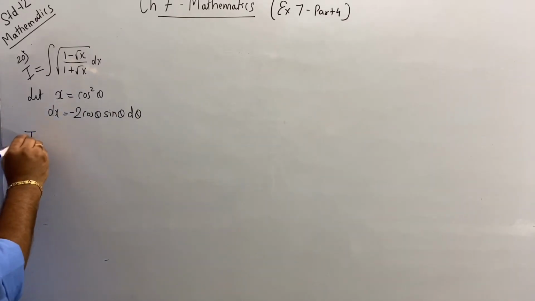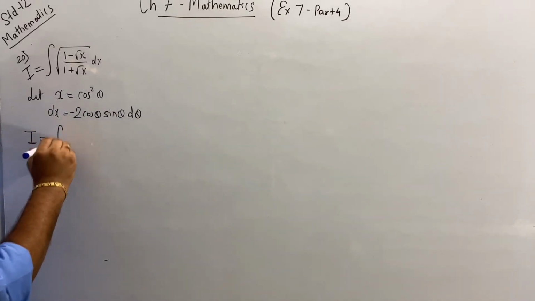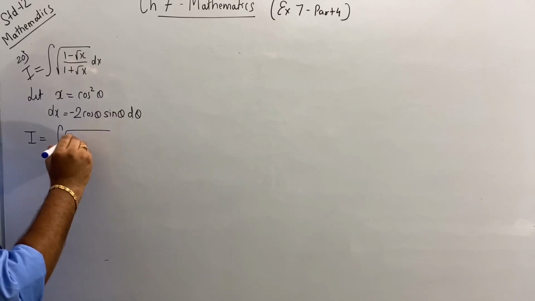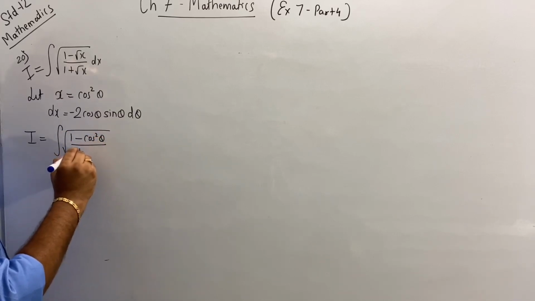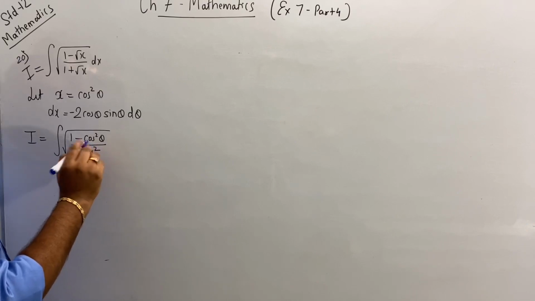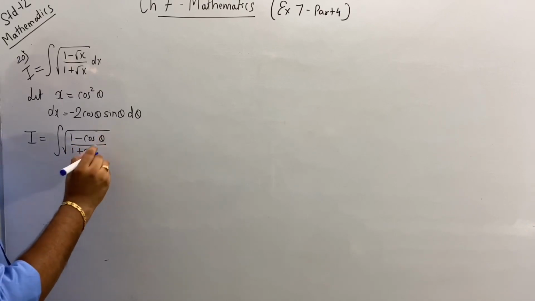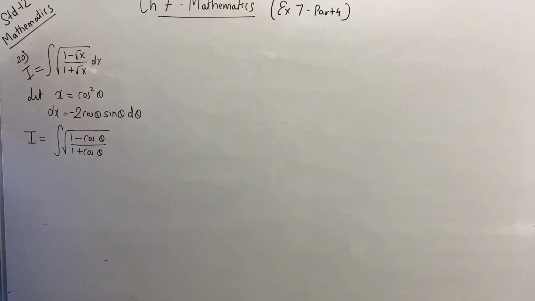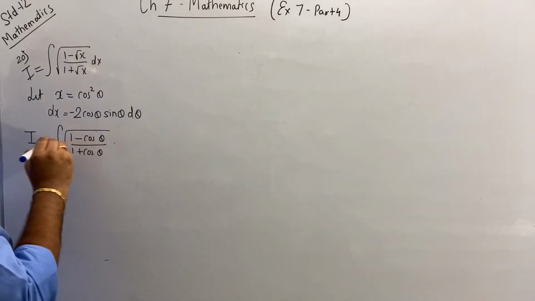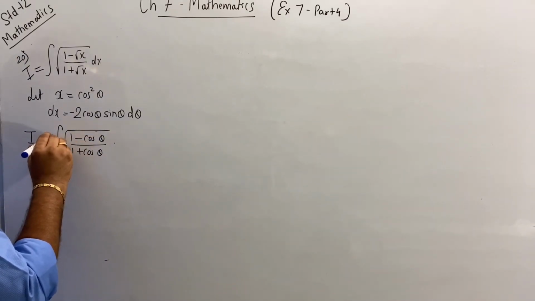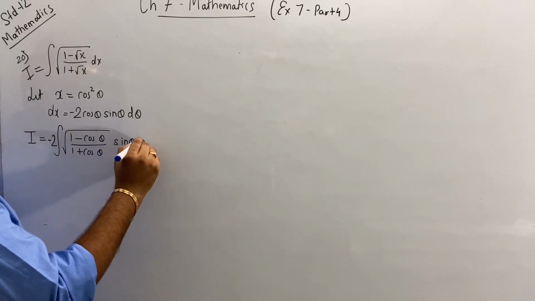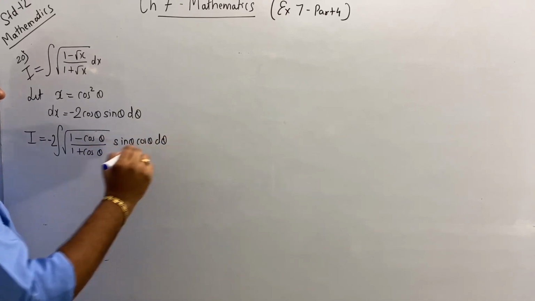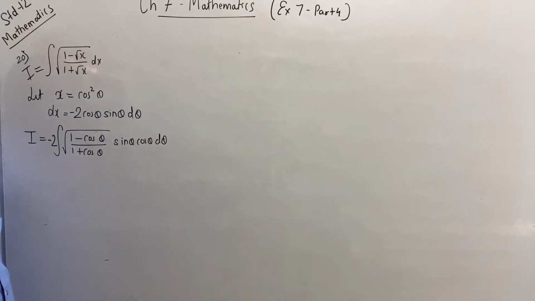So now how will be our integral? Integration of root of (1 minus cos theta) upon (1 plus cos theta), sorry, not cos square, into minus 2 sin theta cos theta d theta.